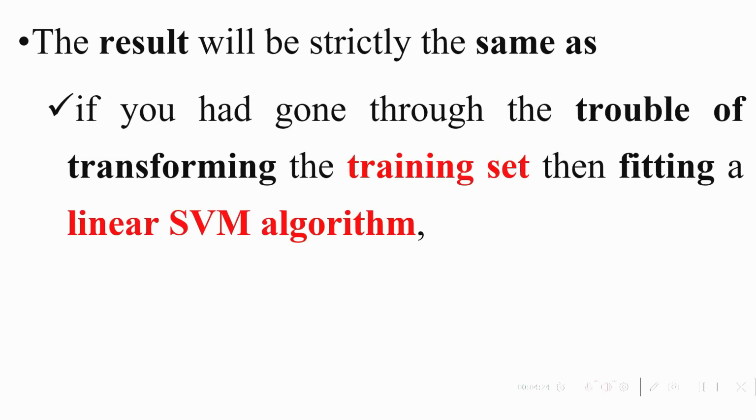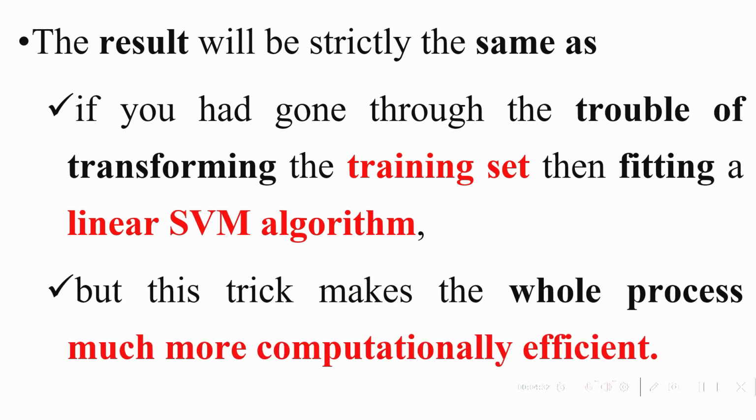The result will be strictly the same as if you had gone through the trouble of transforming the training set and then fitting a linear SVM algorithm, but this trick makes the whole process much more computationally efficient.